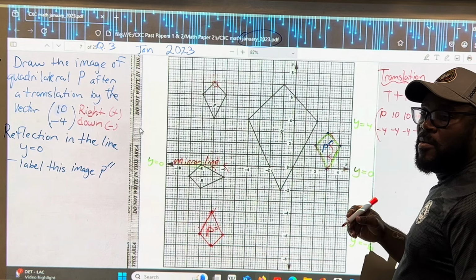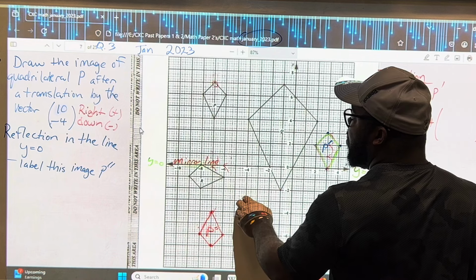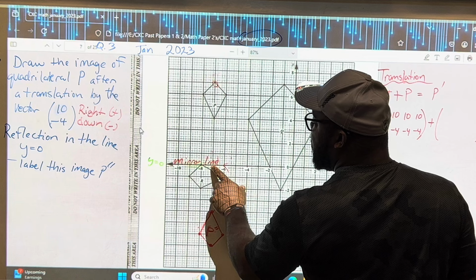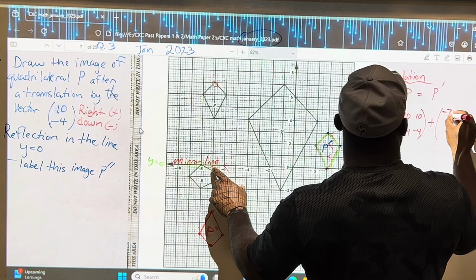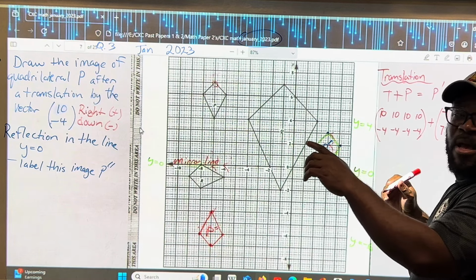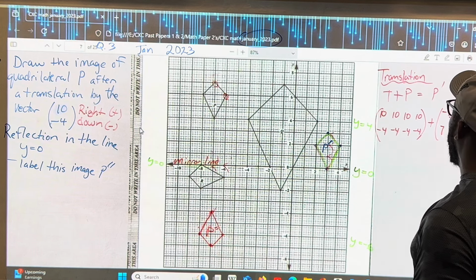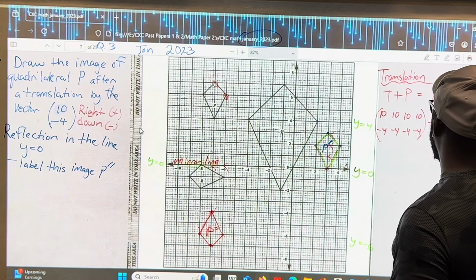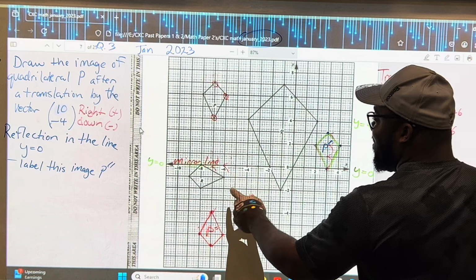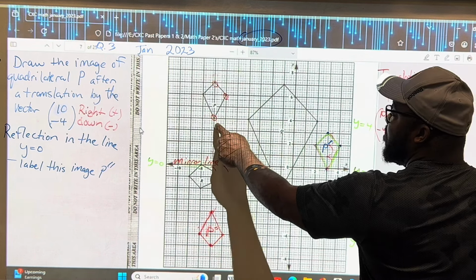Negative 6 and 6. What is the next one now? Negative 7, 4.